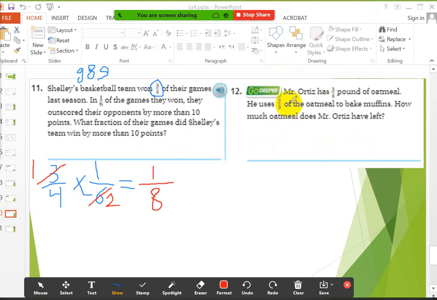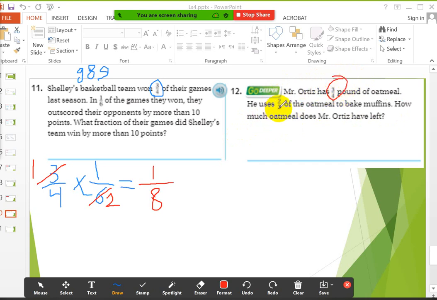So first I will read the problem with you. Mr. Ortiz has 3/4 pound of oatmeal. He uses 2/3 of the oatmeal to bake muffins. So he will take 2/3 from this number.